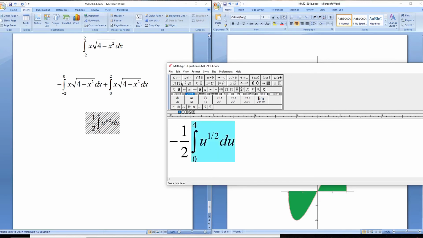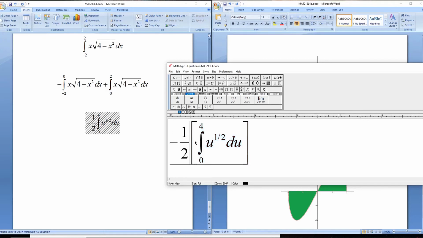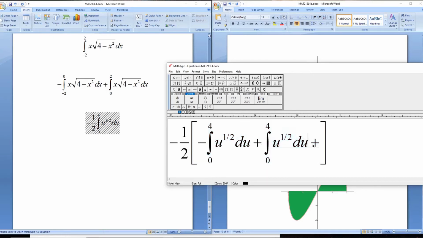And also recall that we are brute forcing this minus sign in here. So we're going to brute force that minus sign in right there to force that negative number to be positive so we can meet the definition of area being positive. And then we're going to have this integral again, but now we're going from 0 to 2.